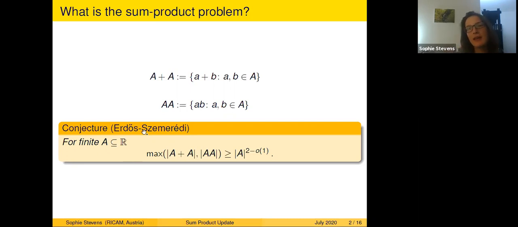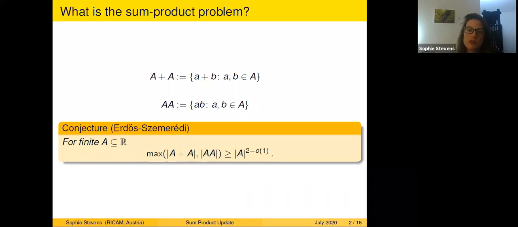Okay, so you've taken your favourite set and you've built two new sets. And the Erdős–Szemerédi conjecture, a conjecture from 1983, tells you that one of these two new sets that you've built should be big in terms of your original set. In fact, it should be almost as big as possible. So the maximum of the size of the sum set or the size of the product set should be at least the size of A to the power 2 minus little o of 1.